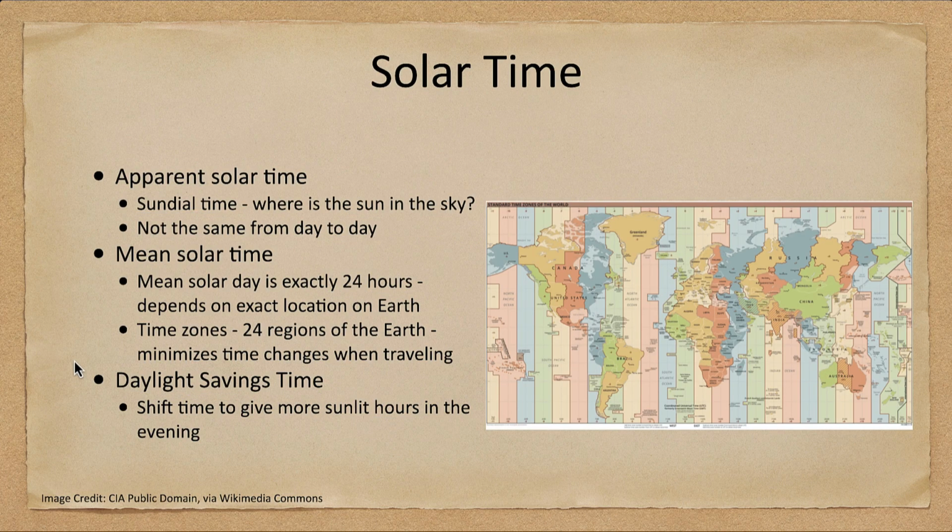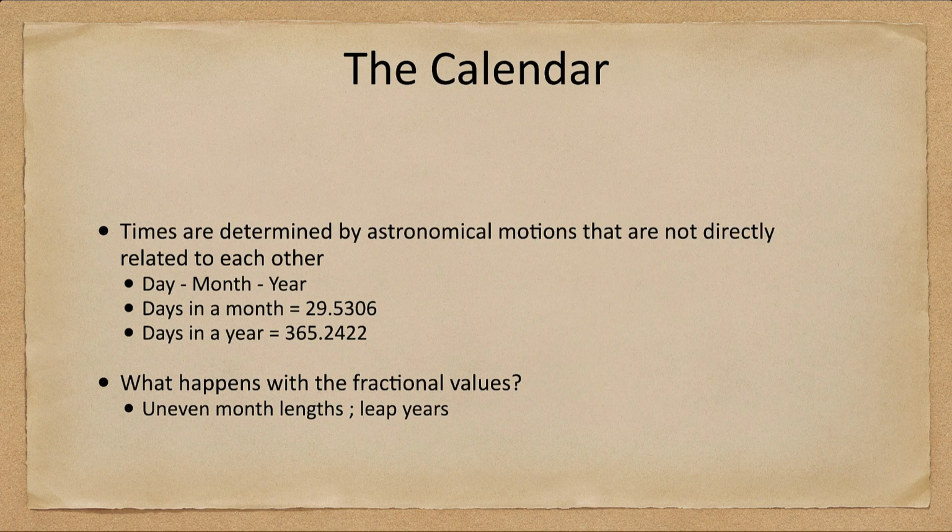So let's go ahead and look at the calendar now. And looking at the calendar becomes difficult because it is based on astronomical motions that are not related to each other. So for example, the day, month and year: there are 29.5603 days in a month and 365.2422 days in a year, because one is based on the rotation of Earth, one is based on the orbit of the moon around Earth, and the other is based on the orbit of Earth around the sun.